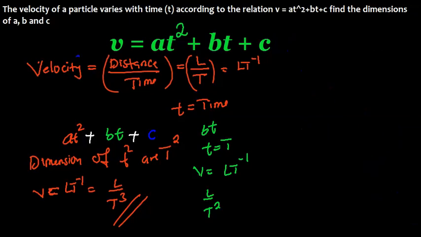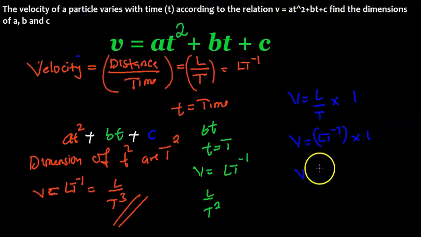What about the last one? In this case, C is just a constant. It must have the dimension of velocity. Because if we set the dimension for velocity, L divided by T, multiplied by the constant denoted as 1, velocity is simply going to be LT minus 1 multiplied by 1.